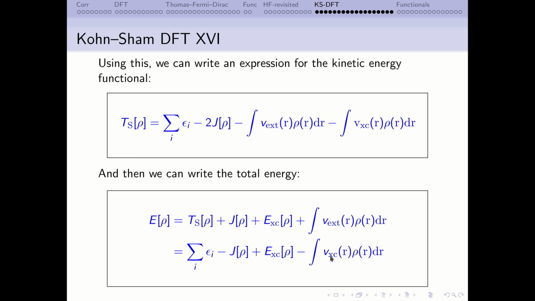Now this is not a mistake. Just looking at it, I thought it was a mistake, but it isn't a mistake. The external potential energies cancel off with this term over here. Okay, so this is just an alternative way of writing down the Kohn-Sham energy of the ground state.